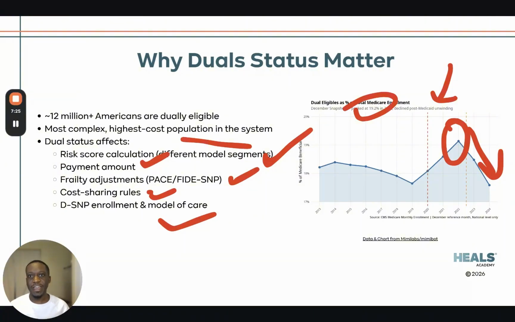And I have a video where I cover the different types of special needs plans, which are the SNPs. And I will link that in here so you can also watch it if you want more details. But the dual population really matters, and understanding the correct dual status also matters to your ultimate risk score, so that you have the necessary resources to be able to take care of such a complex population within our health system who really need help.